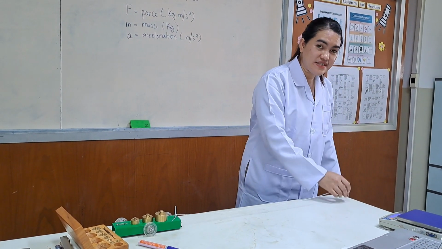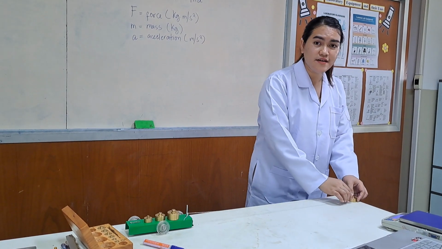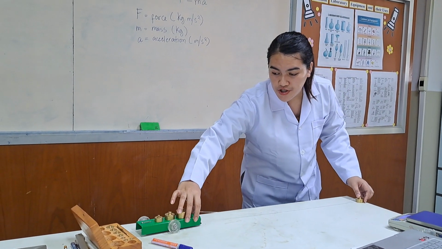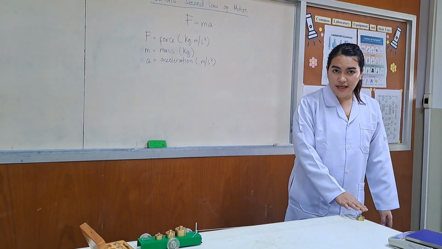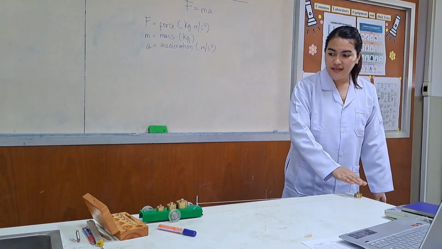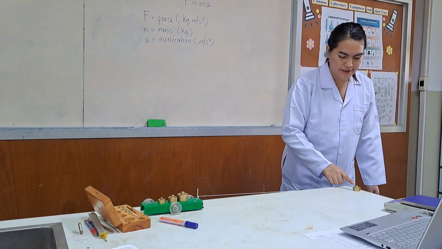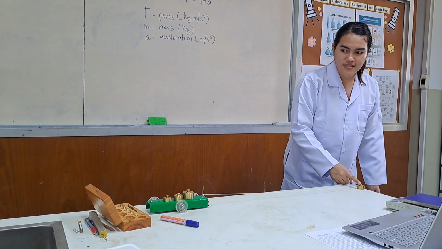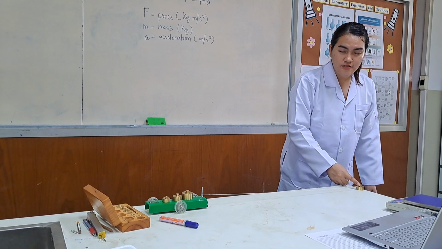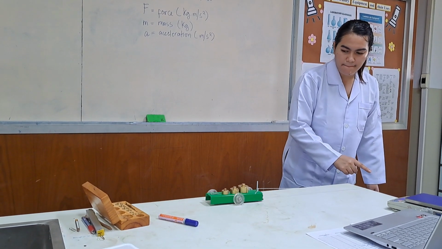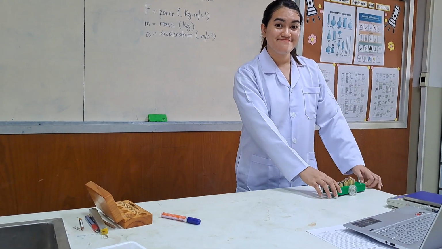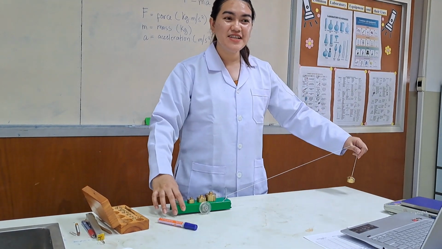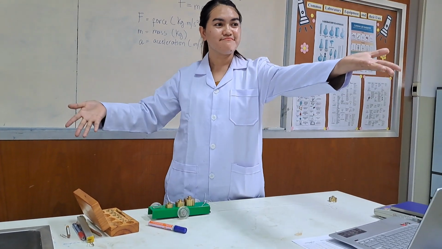Considering that we have the same load here that we will push on the end, same load as the first try, but different mass here. Let's try to see. Ready? 3, 2, 1, drop. Have you observed the difference? Yes. Anyone who can state the difference? Yes, Elmi.